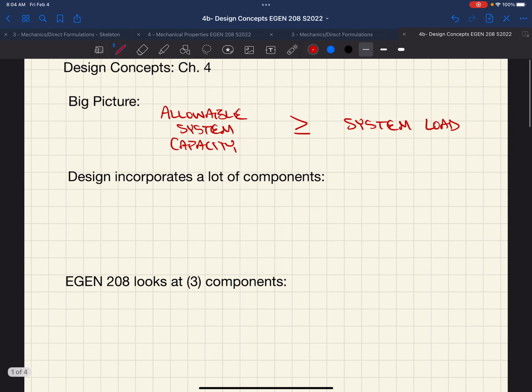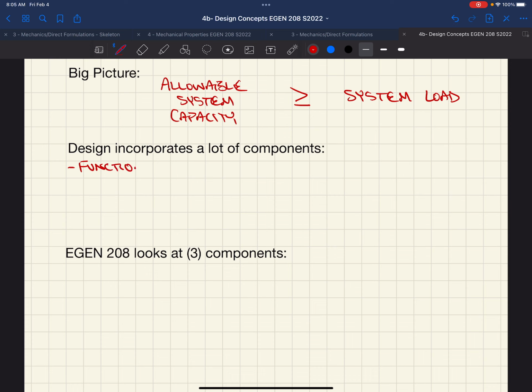When we design things, we incorporate a lot of different components. I think the common one, obviously, is we want to make sure that what we're designing has adequate function. If it's a chair, it better serve its purpose very well.